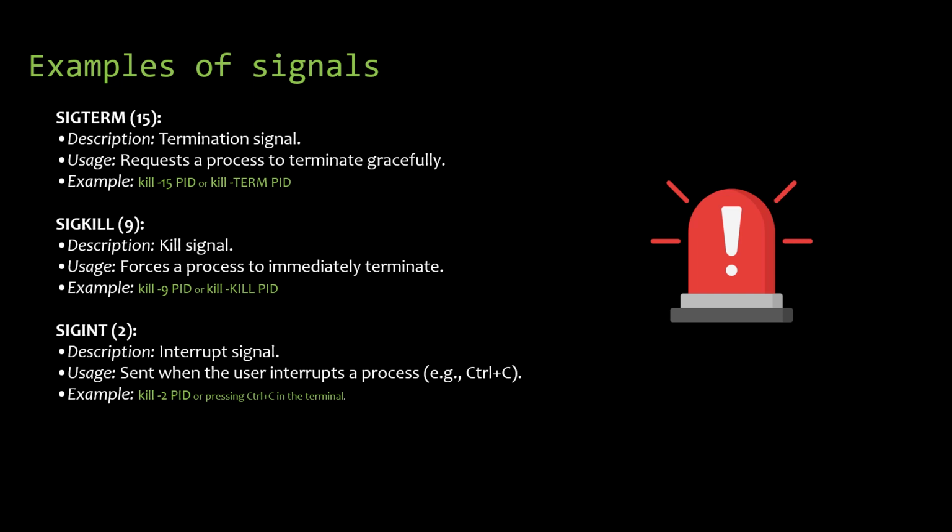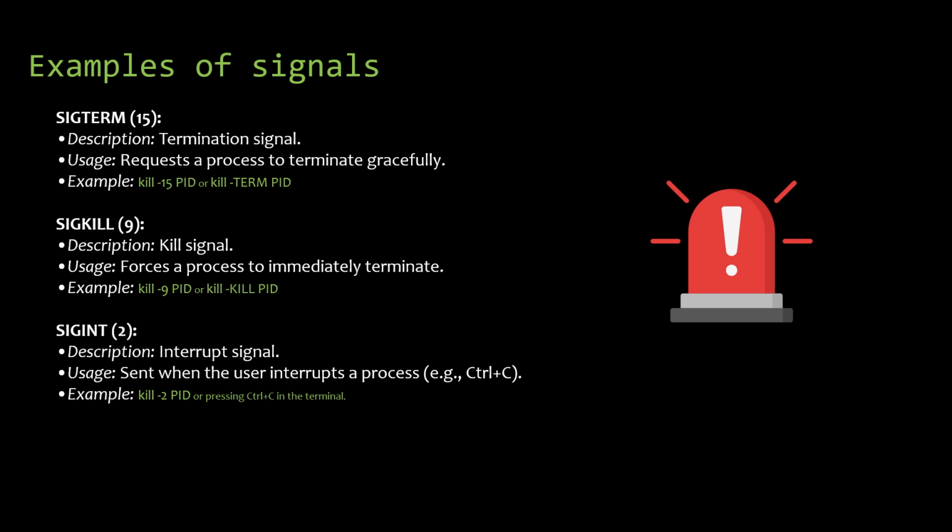So let's look at some examples of signals. We have SIGTERM, whose numeric representation is 15. This signal is used as a termination signal. It requests a process to terminate gracefully, and we can see the code or syntax for using this signal. Similarly, we have SIGKILL, which is the kill signal. It forces the process to immediately terminate.